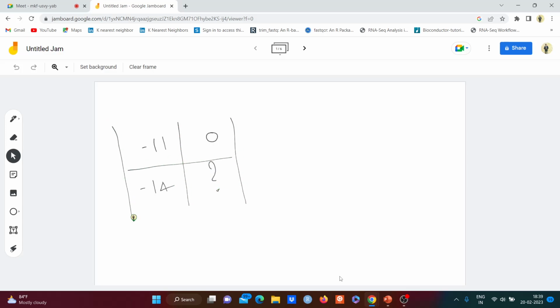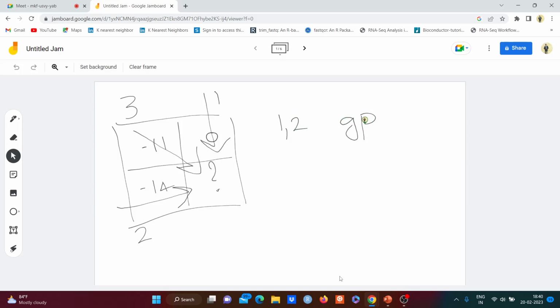The value of the cell can be calculated in three ways: from the 0 cell, diagonally from -11, and from -14. Let's label these cells as 1, 2, 3. In the case of 1 and 2, we use the gap penalty. In case of 3, we use the match or mismatch score.